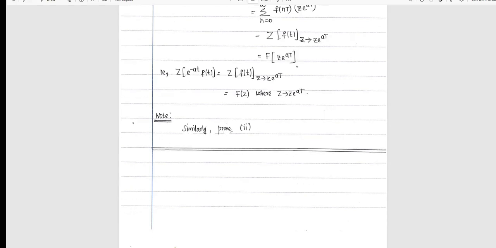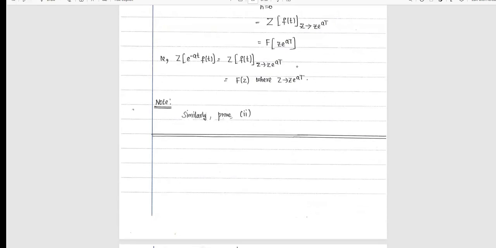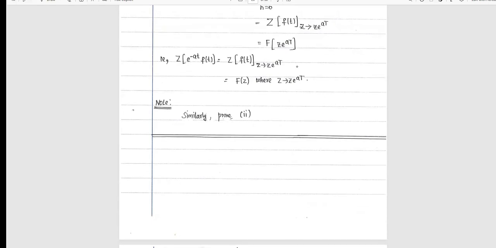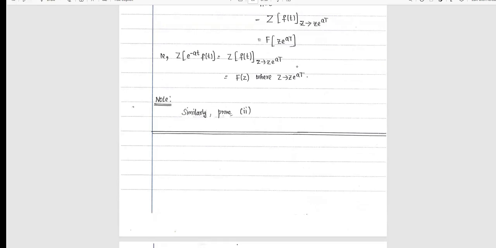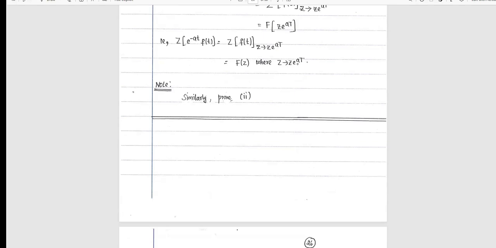Now you got it? That is why I was saying that this is so simple. You will understand well, because it is based on previous formulas.